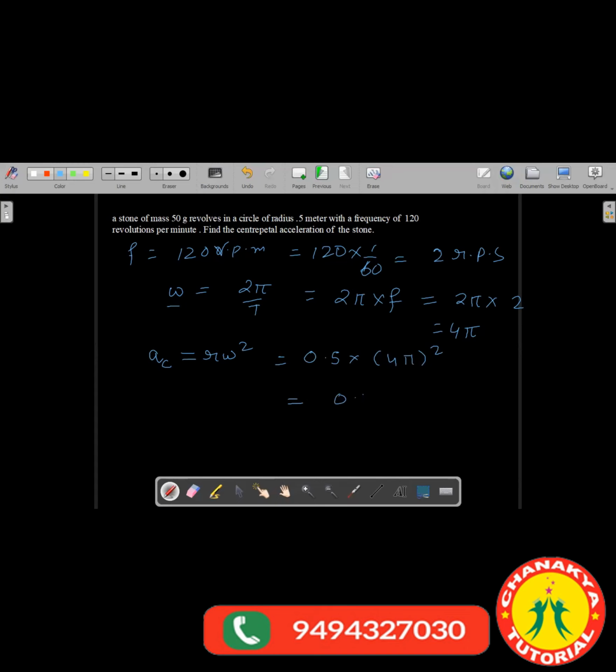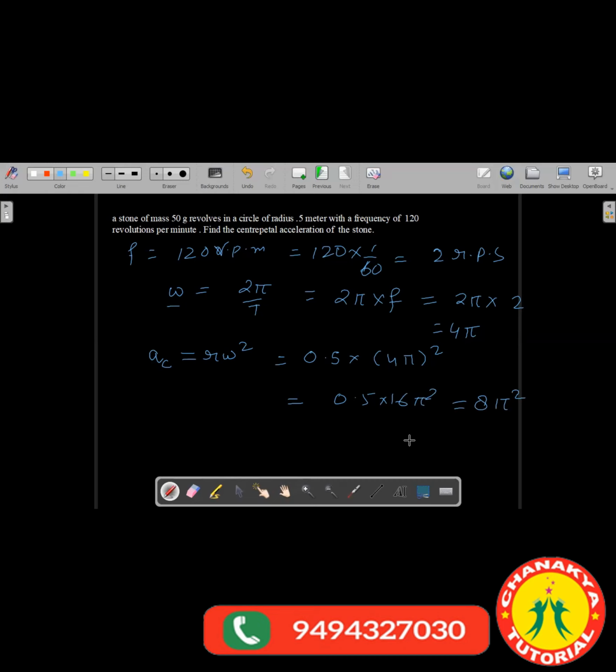So you have 0.5 multiplied by 16 pi squared. 16 multiplied by 0.5 would be 8 pi squared. So 8 pi squared is the centripetal acceleration.